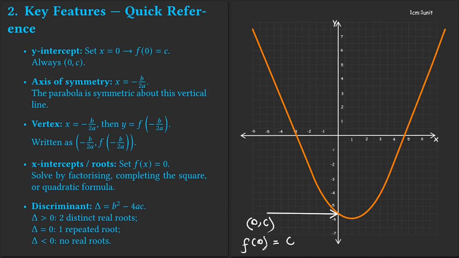The second thing you should take note of is what we call the axis of symmetry. When we say axis of symmetry, a body or a 2D object or whatever is symmetrical if you can draw a straight line such that it produces two mirror images.